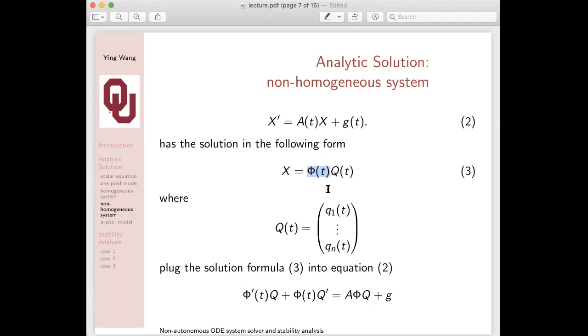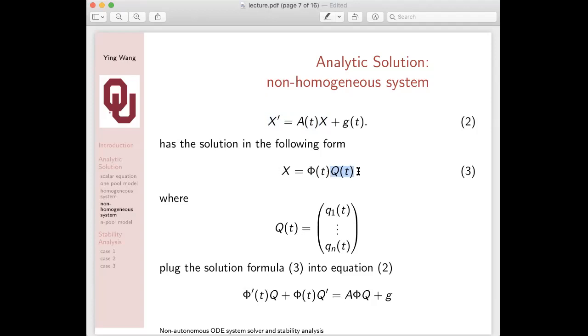So it's a linear combination of linearly independent solutions for the corresponding homogeneous system. Okay, and here our main goal is to find out what this Q is, because we know the fundamental solution for the homogeneous system already. Once we know the Q, then we are all set. We will be able to write down the solution explicitly.